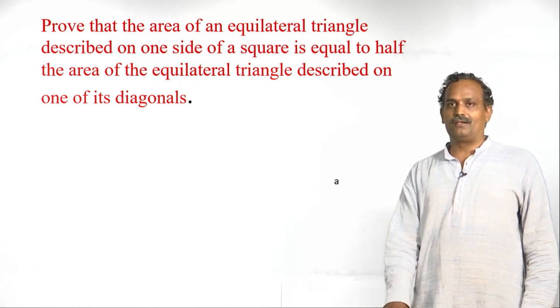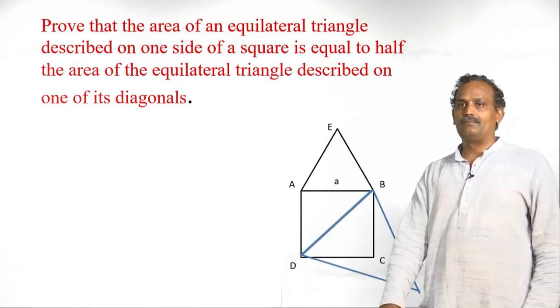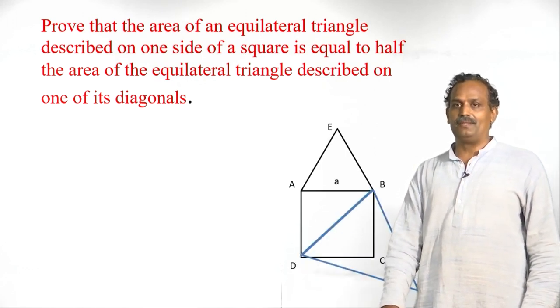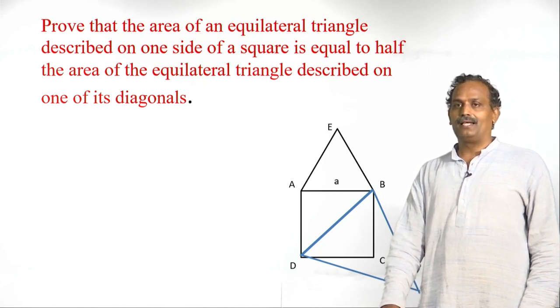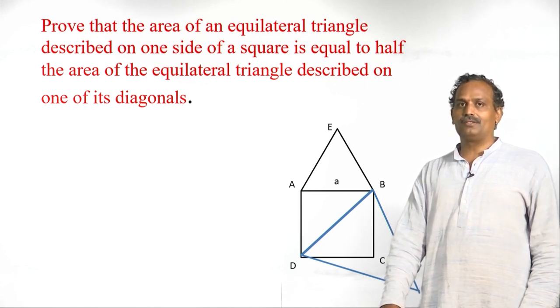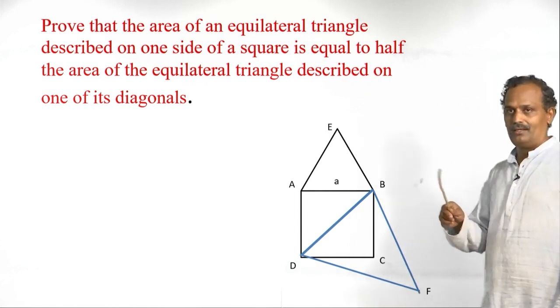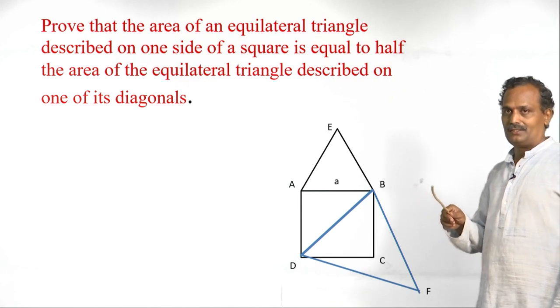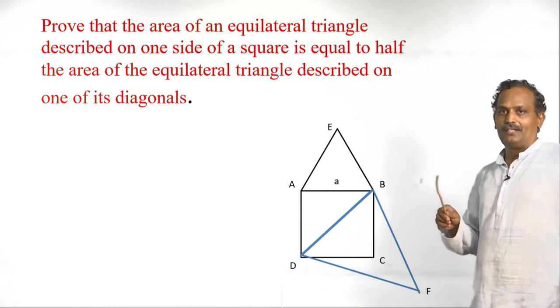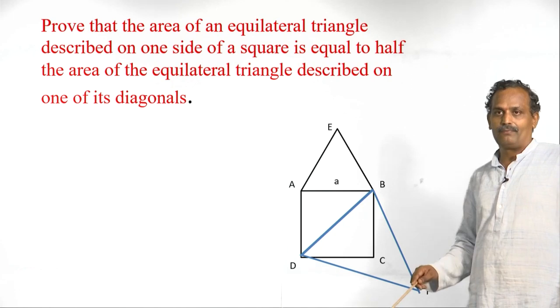Now let us see the diagram. In the diagram, AB is the side of the square ABCD and triangle AEB is on the side AB. There is one more triangle, DBF, on the diagonal DB.